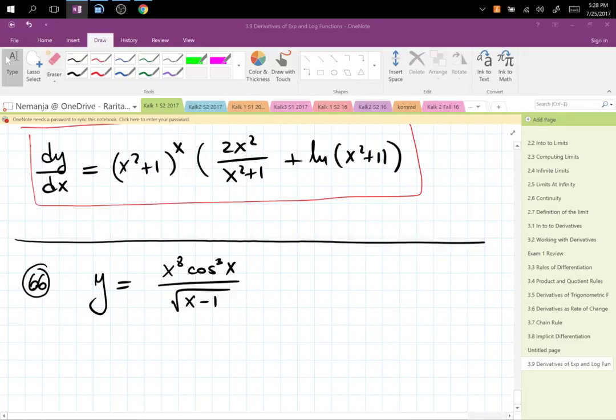Let's see how that goes. Eight and then cosine cubed. So the first one is 8, the second one is 3.